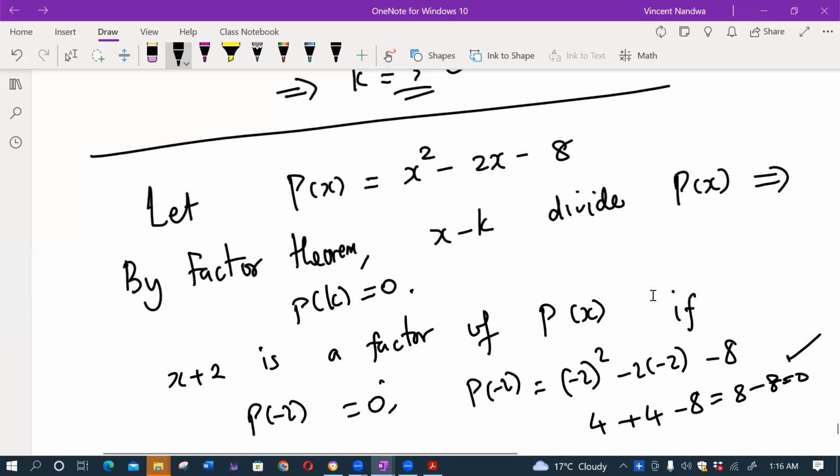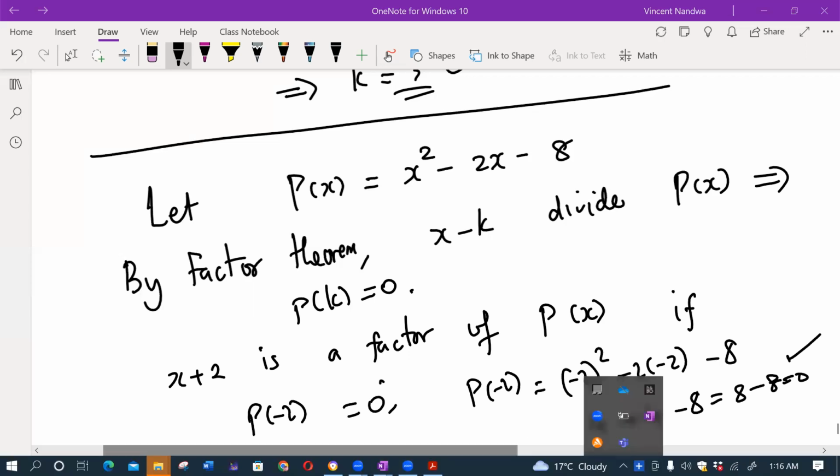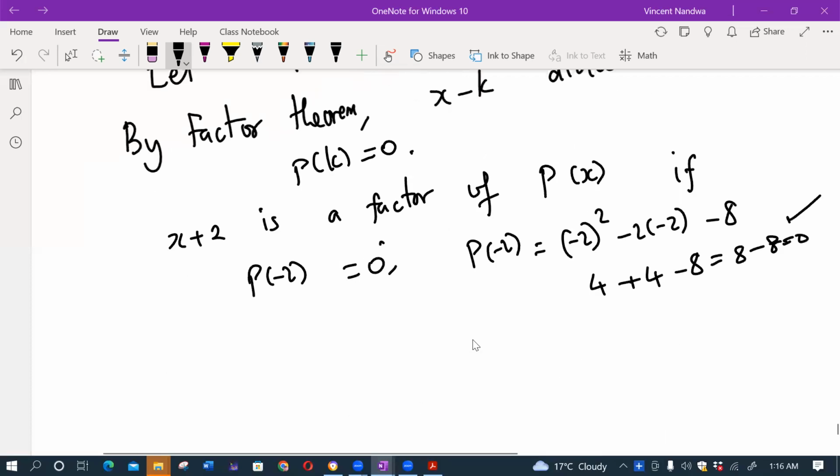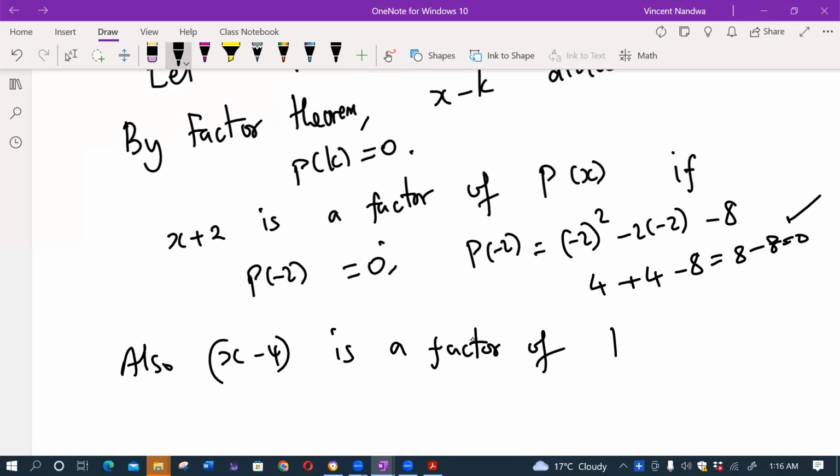Also, let's check whether the other factor divides p of x. Now, similarly, x minus 4 is a factor of p of x if p of 4 is equals to 0.